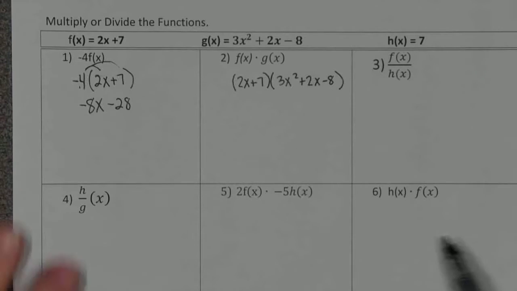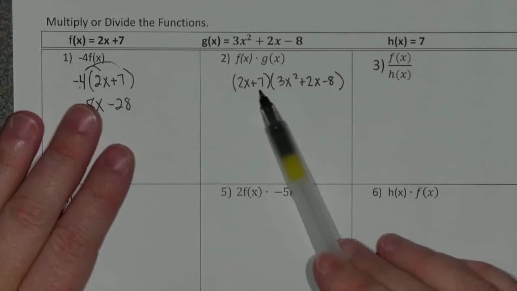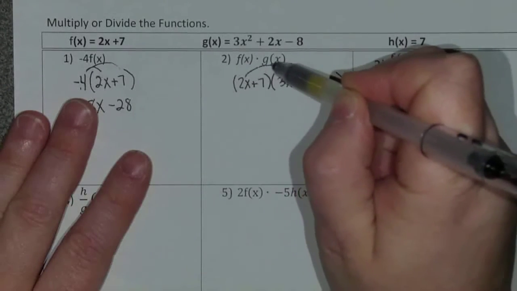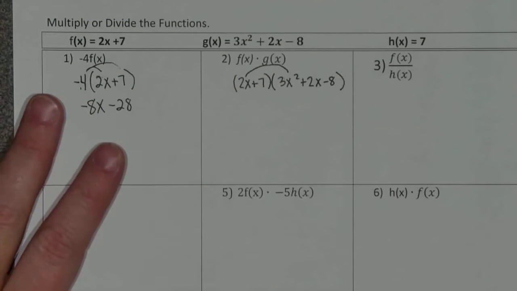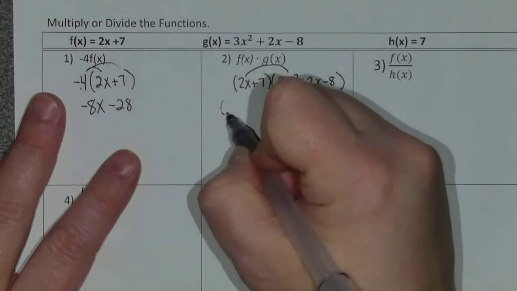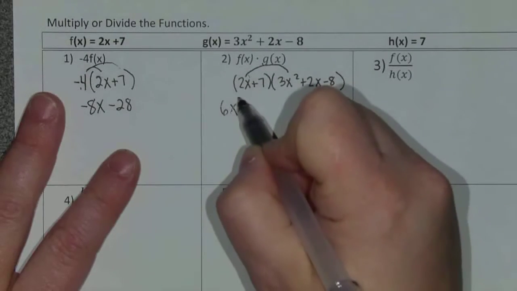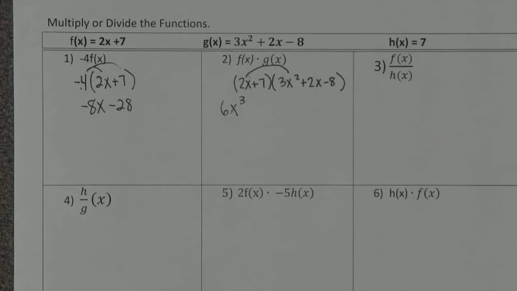Anybody know what we have to do with this? Yeah, it's like the FOIL method on steroids, because we got a lot of distributing to do here. So we do 2x times 3x squared, which is how much? 6x, 1x here, 2 here, so 6x cubed, right? When we multiply, we add powers.